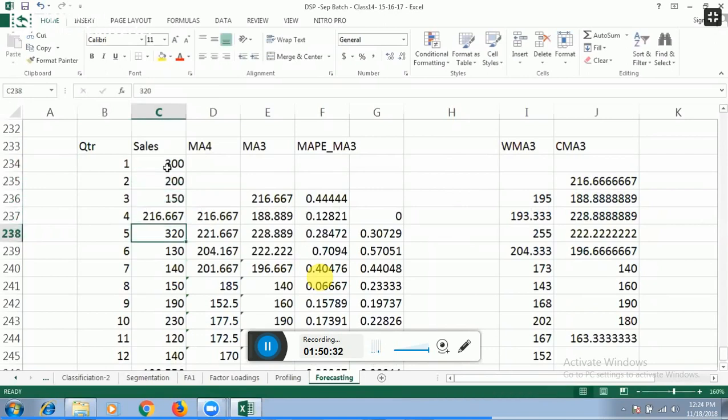Otherwise you can do the backward filling. What is the backward filling? Taking the average of this one and filling this one. If the data is in descending order and the trend is a negative trend, probably you can take the average of this one and fill the next 4 quarters. Or you can take the average of this one and fill this quarter.